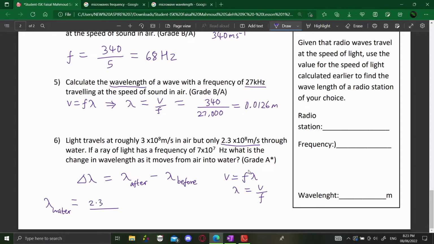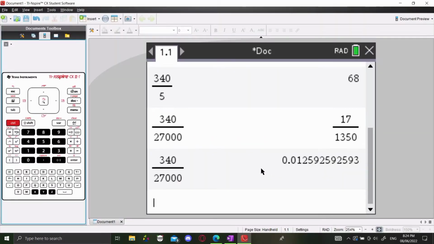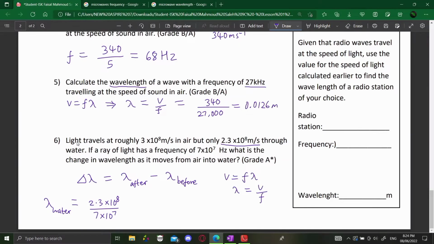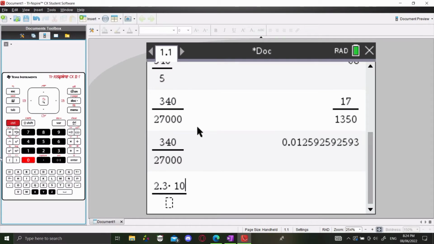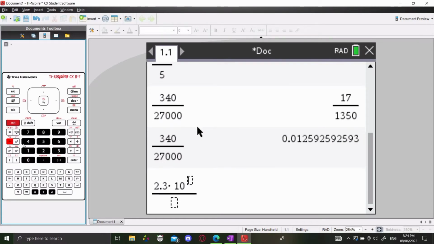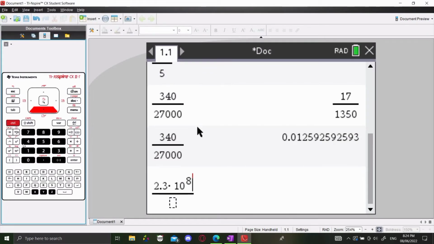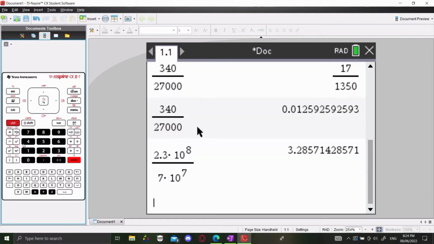So that's 2.3 times 10 to the power 8 divided by its frequency, 7 times 10 to the power 7, which is about 3.286.